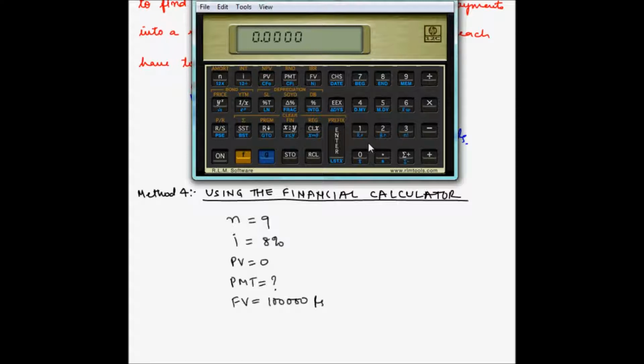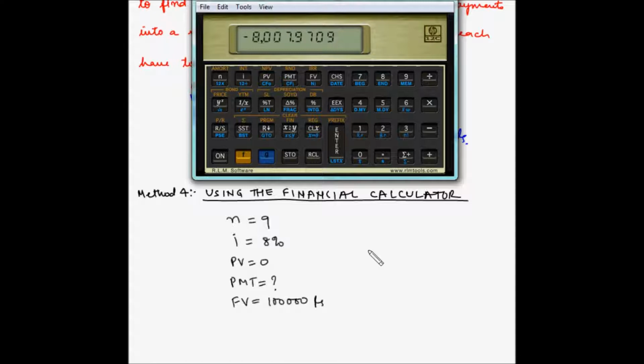Since we do not know the value of payments and that is the unknown, we'll click on that button towards the end. So let's first enter the future value, which is 100,000. Now we'll click on payments to find the payments.